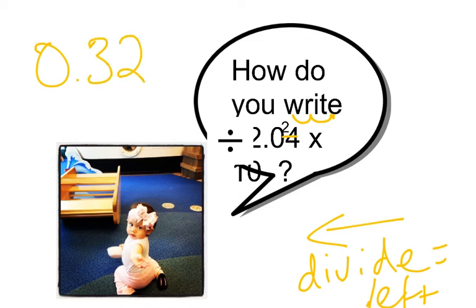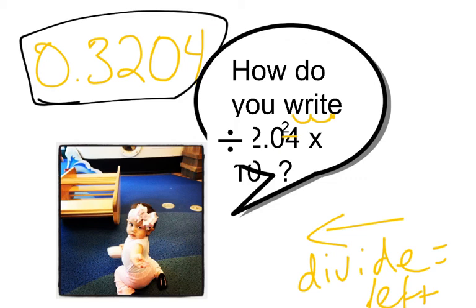So that's 3,204 10,000ths. So 32 and 4 hundredths divided by 10 to the second power, or divided by 100, is 3,204 10,000ths. So I hope that helps you out.